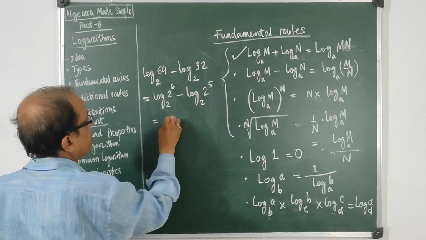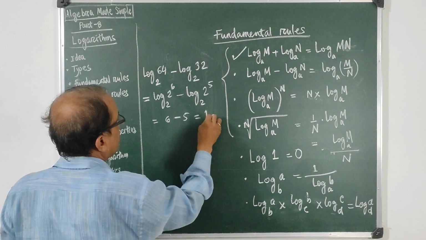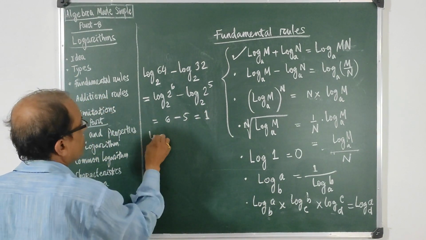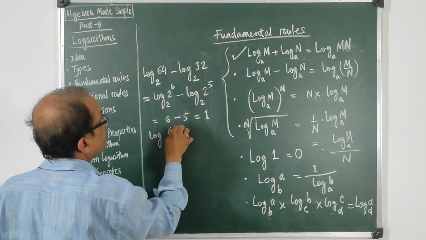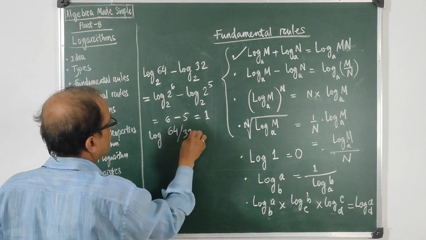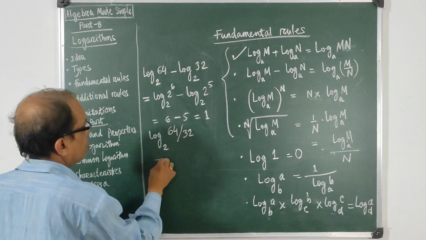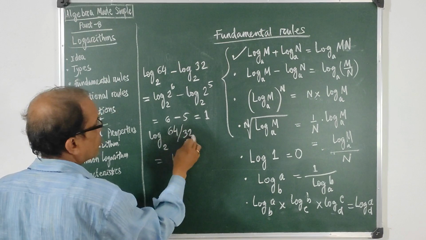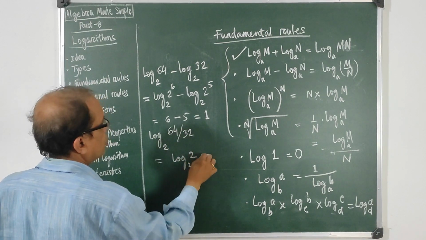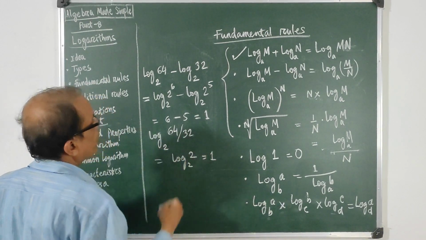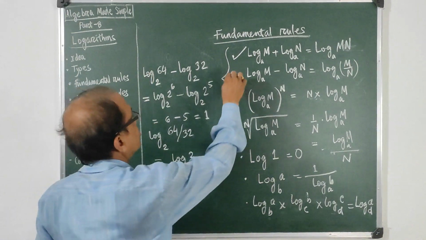So this is 6 minus 5, equal to 1. Now see how much is log 64 upon 32 to the base 2. This is log 2 to the base 2, equal to 1. So these two are equal. So this is also proved.